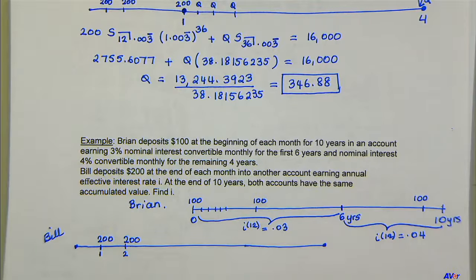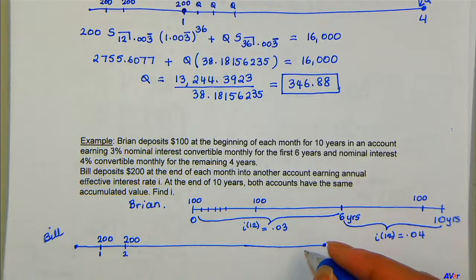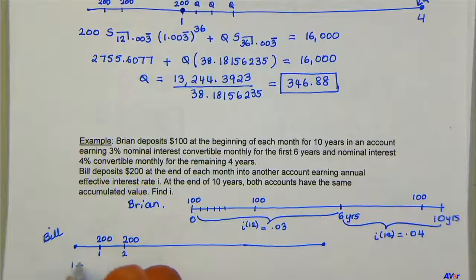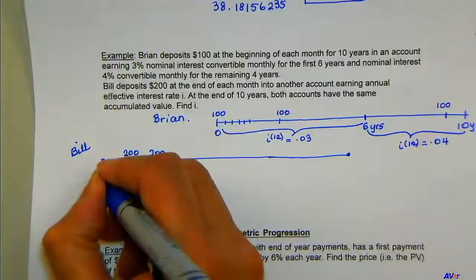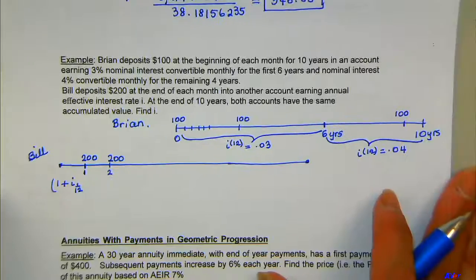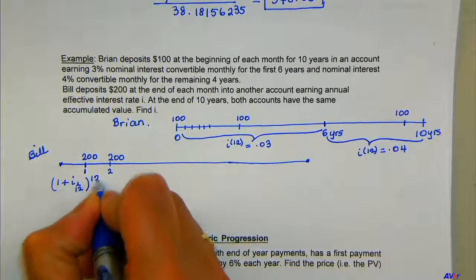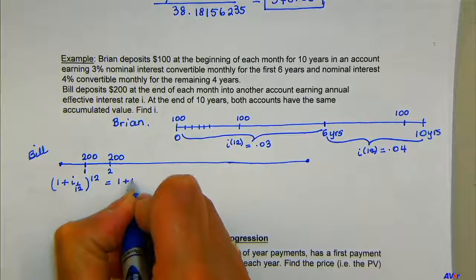Find i. So for this guy, Bill, they're giving us the annual rate, but the deposits are happening monthly. So I have to convert, right? So (1 + i^(12)/12) to the 12th power is equal to 1 plus i.